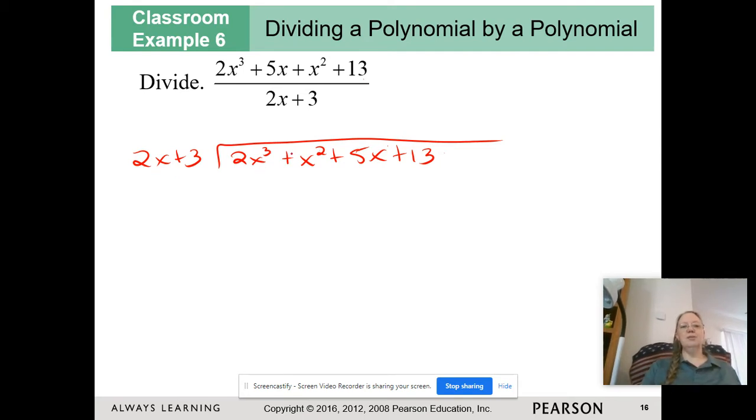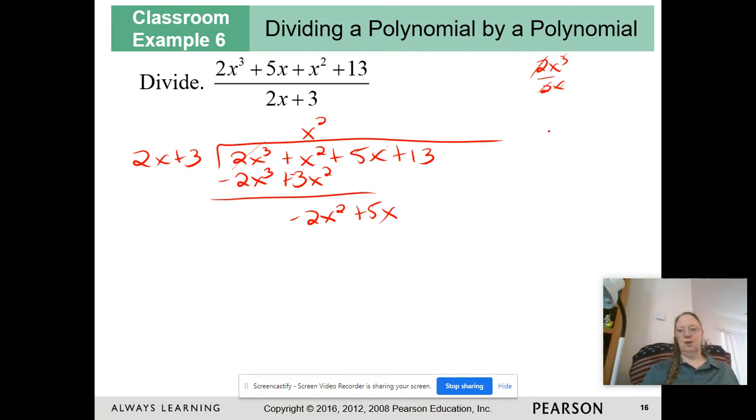So 2x goes into 2x cubed. 2's cancel, and I end up with an x squared. And I multiply, don't forget to distribute. So 2x cubed, and I multiply, and I get 3x squared. Change the signs. Those have to cancel. Negative 2x squared, and bring down your 5x.